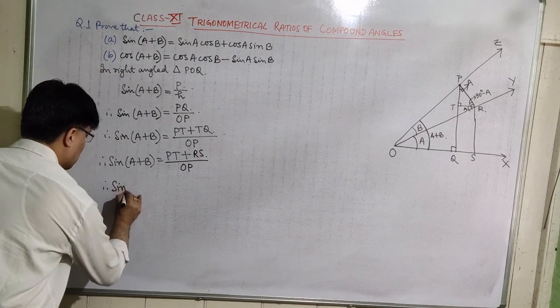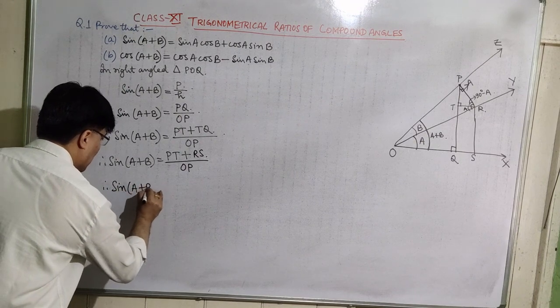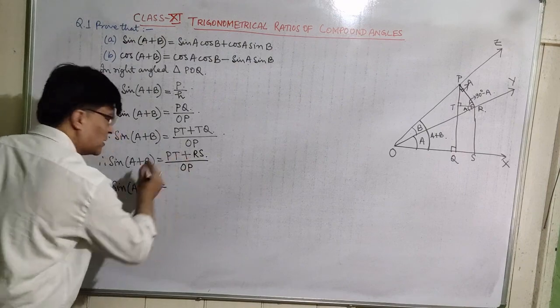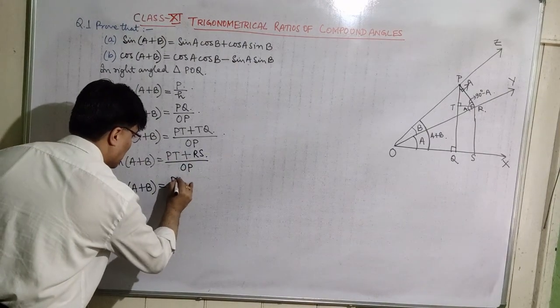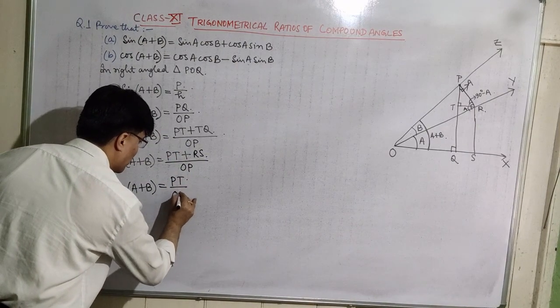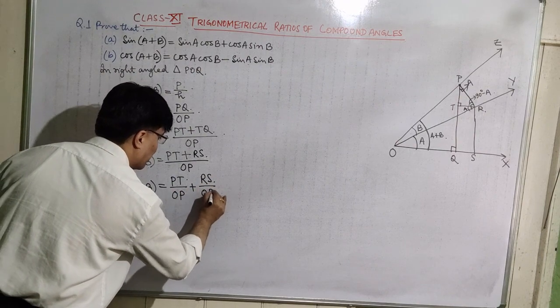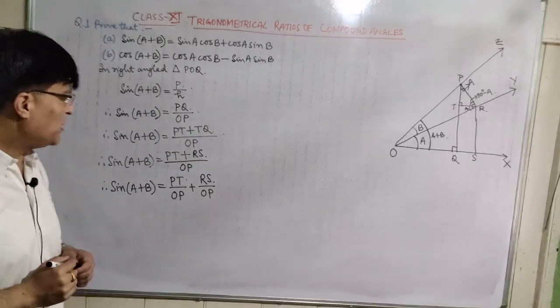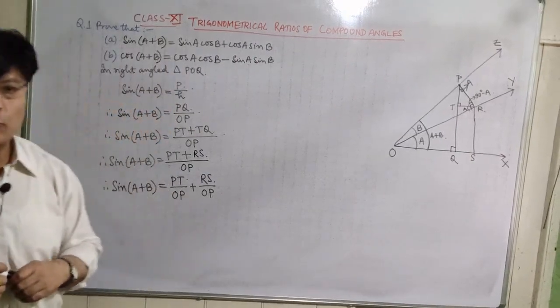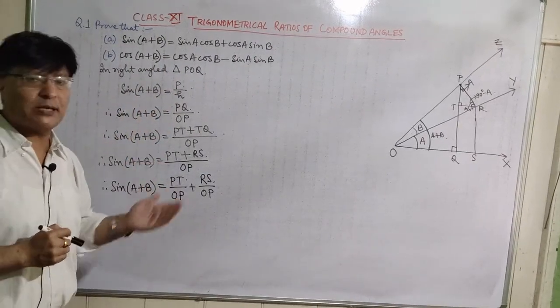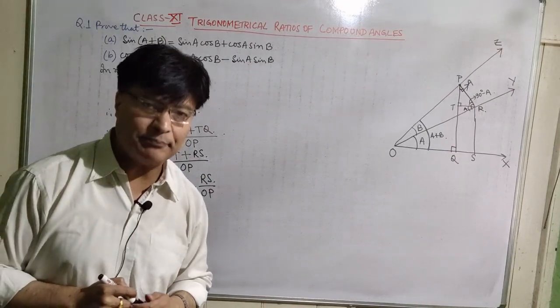Therefore, sine of A plus B is equal to, let us separate this fraction. It is PT upon OP plus RS upon OP. That is, the fractions are separated in this case. Okay.